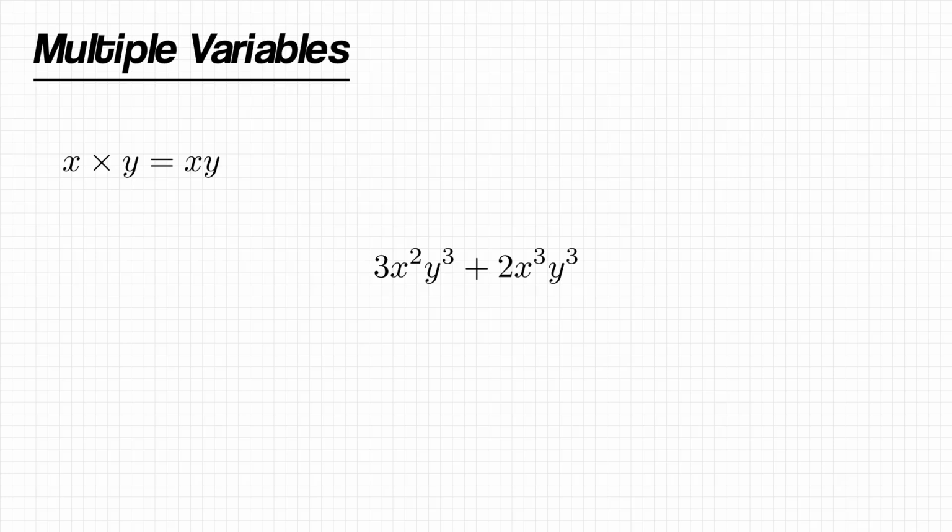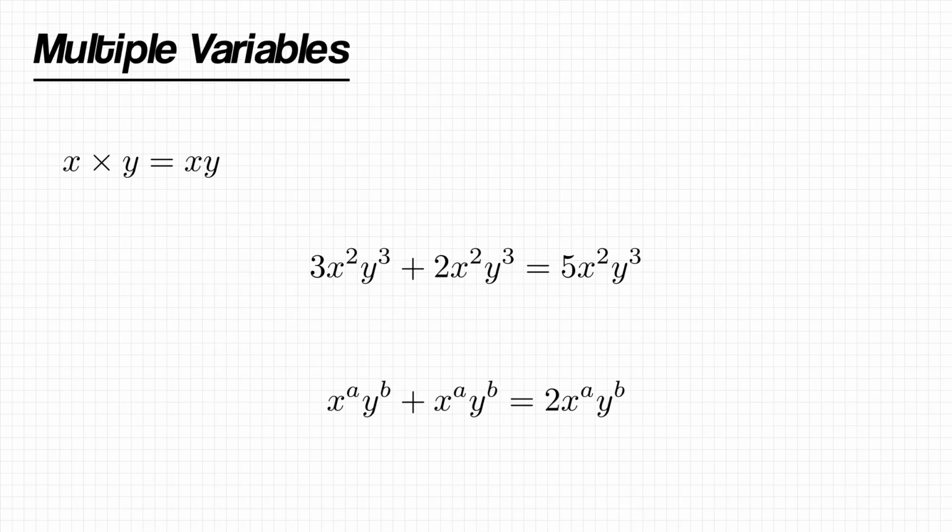For example, 3x squared y cubed and 2x cubed y cubed cannot be collected as the powers of x in this case are not the same. However, we could add 3x squared y cubed and 2x squared y cubed to give 5x squared y cubed. So to reiterate, we can only collect terms involving multiple variables if each of the variables have the same power.